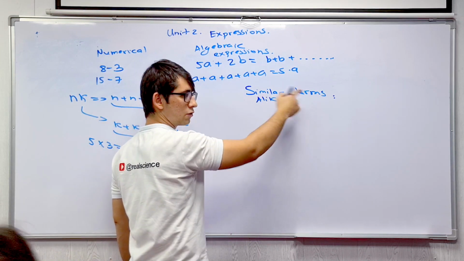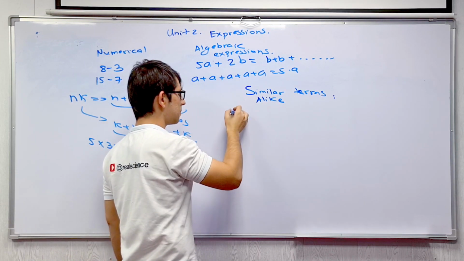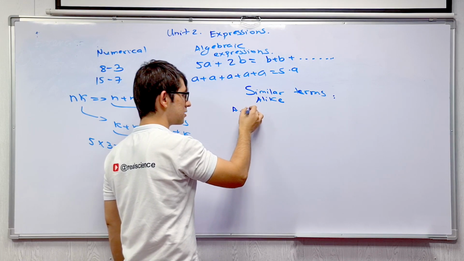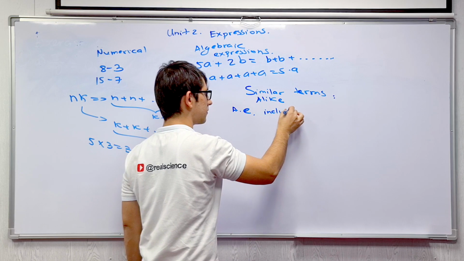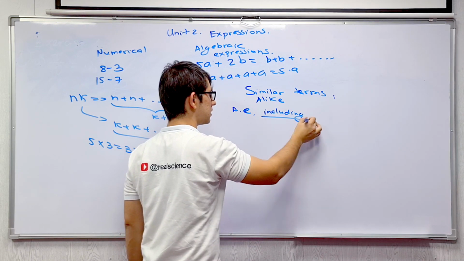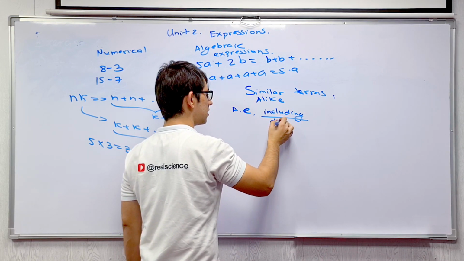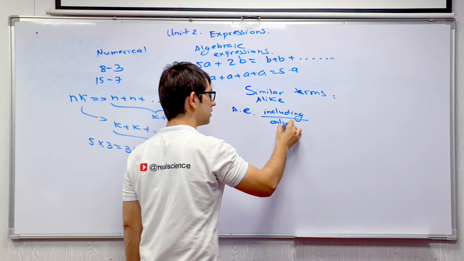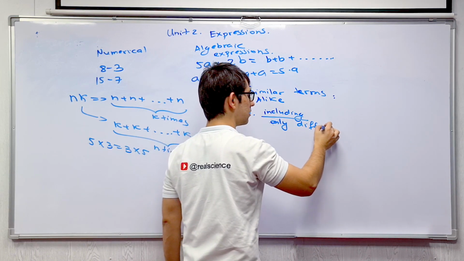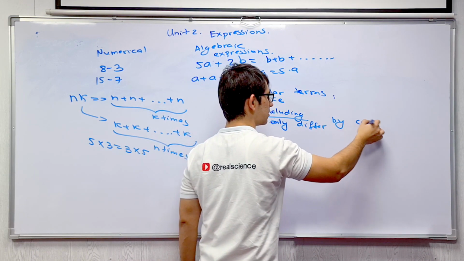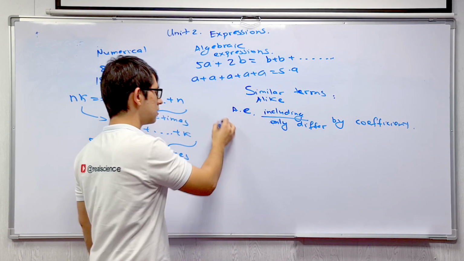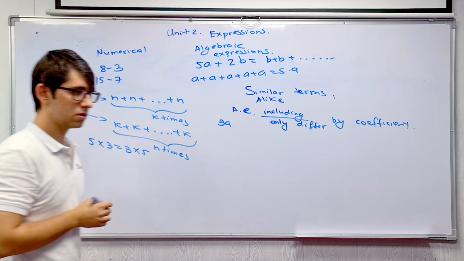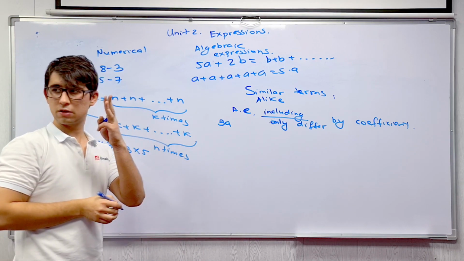So similar terms or alike terms means algebraic expressions that differ only by coefficient. Right? By coefficient. 3a. What is the coefficient here? 3 is the coefficient, okay?